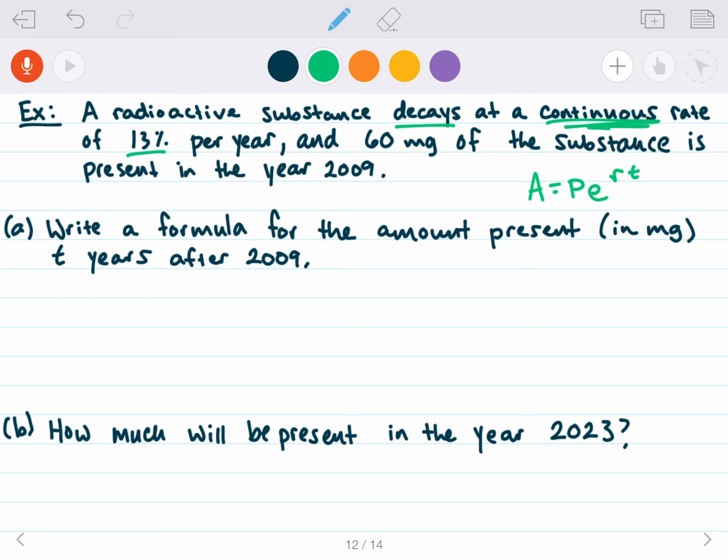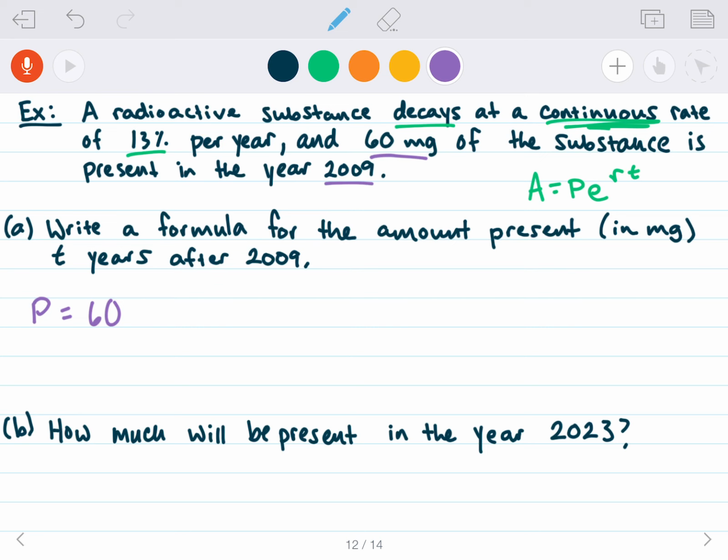Okay, continuous. And it says 60 milligrams of the substance is present in the year 2009. Well, it's another clue. Write a formula for the amount present t years after 2009. Well, in 2009, how much do we have? We have 60 milligrams, so that's our initial value. So P is equal to 60 milligrams.